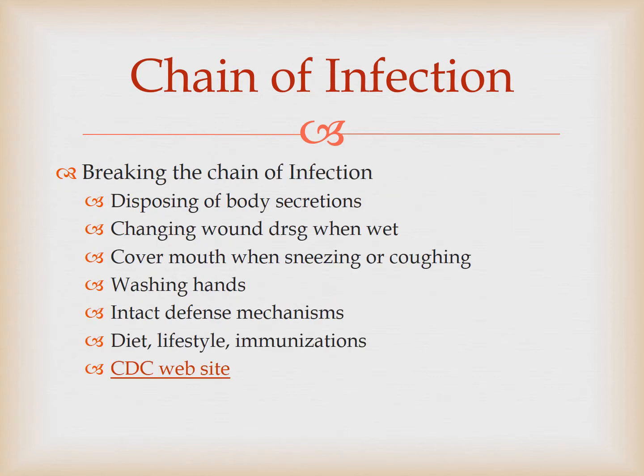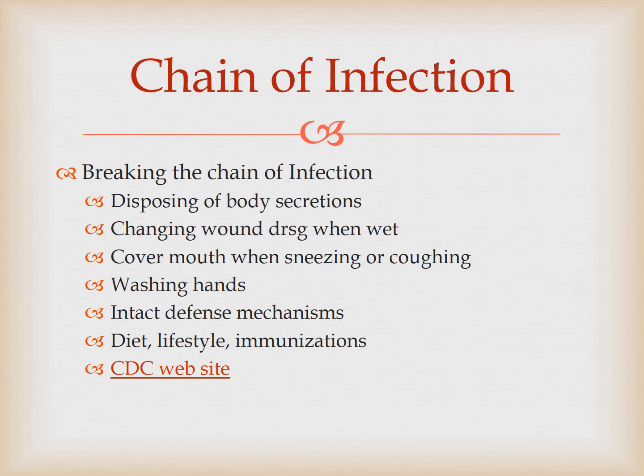To prevent infections from occurring, it is important to break one of the links. It is important for all healthcare workers to prevent the spread of infection from one individual to another. The key is to determine ways to break the chain of infection at several points. At the infectious agent site, we can disinfect or clean the skin or sterilize instruments before surgery.